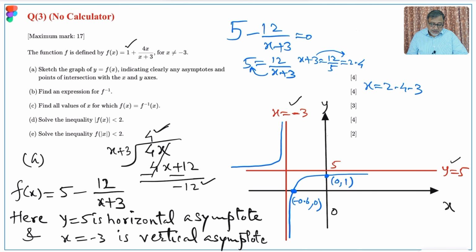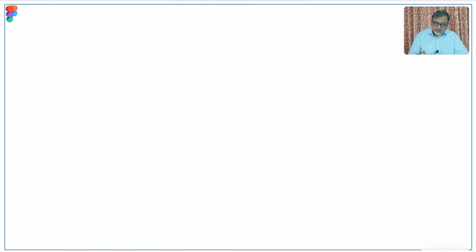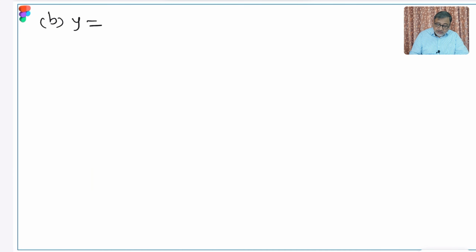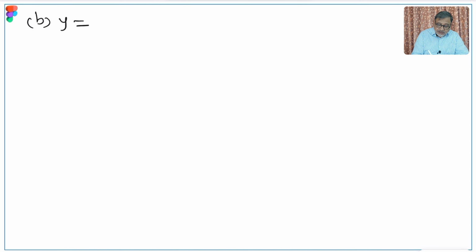Now the second part says find an expression for f inverse of x. To find the inverse function, let me first write the given function: y is equal to 5 minus 12 over x plus 3. This is the given function.